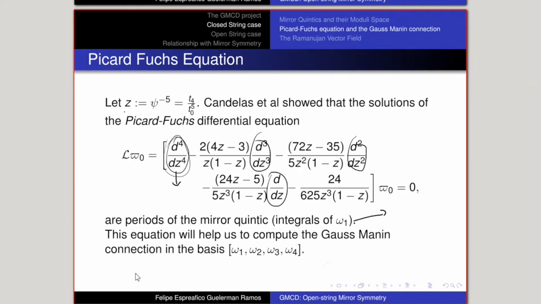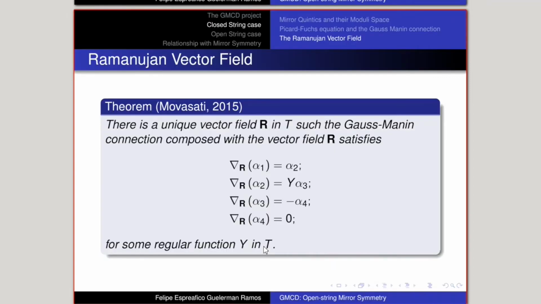This equation will give us a matrix for the Gauss-Manin connection in this basis, because we have the derivatives here, so that's the basis which will appear naturally. And then by changing coordinates using matrices, we will be able to write the Gauss-Manin connection in the coordinates Ti.